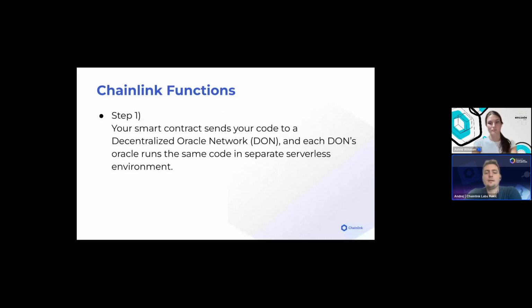The first one is you need to come up with the JavaScript file, which is the code that every single node in the DON is going to execute. Your smart contract will send a specific request to the Chainlink DON, the decentralized oracle network. As I said, each node in a DON will run the same code, but in its own separate serverless environment, and report the final result of that computation.